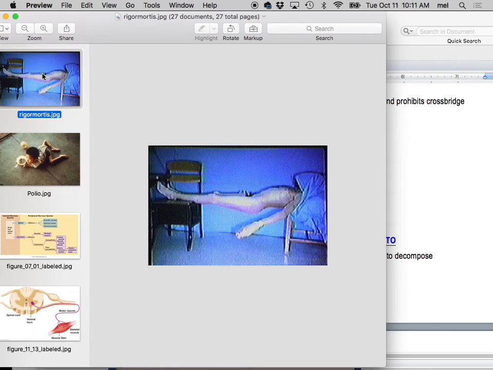You would need so much ab and back and glute contraction to make that occur. If you could do it at all, you would be yelling, take the picture, take the picture. So this is rigor. This guy almost certainly died lying down, right? Obviously that picture wasn't supposed to be taken, but I figured you needed a picture of rigor mortis. So that's what rigor mortis looks like.